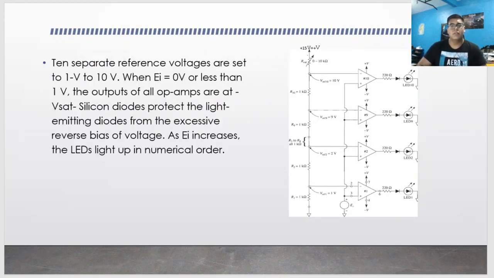When E is equal to 0 volts or less than 1 volt, the output is low. The silicon diodes protect the lights from reverse voltage. As E increases, the LEDs turn on in numerical order.